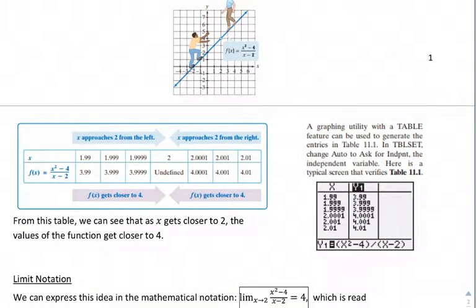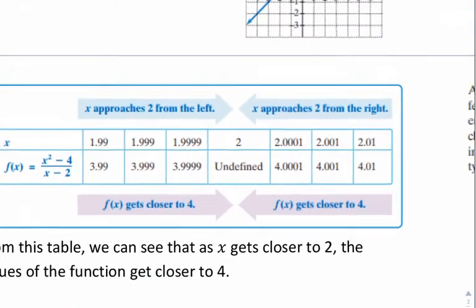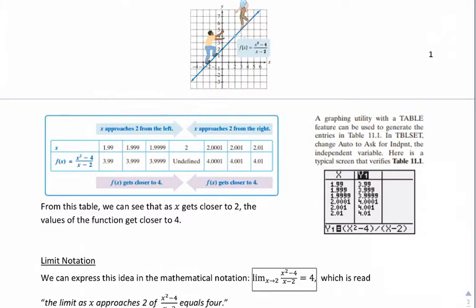As x approaches 2 from the left, I notice it's going from 3.99, and then it just keeps adding 9s, and as x approaches from the right, it starts with 4.0001. So from either way, we're getting closer and closer to the value of 4. As we see that x gets closer to 2, the values of the function get closer to 4.